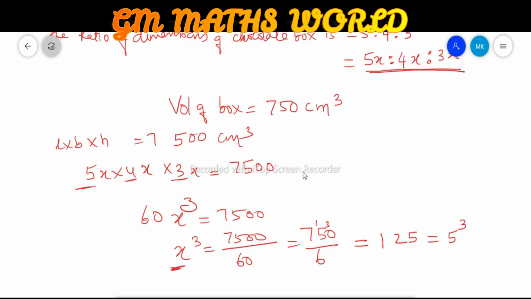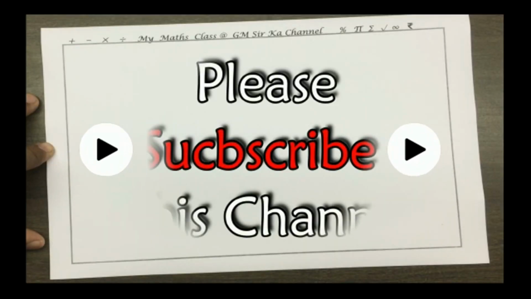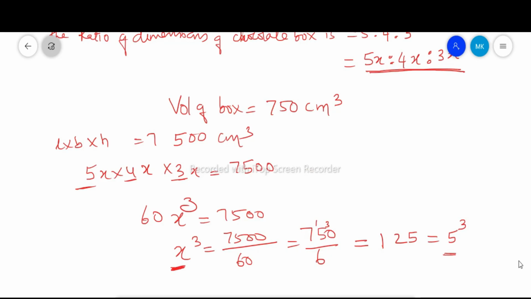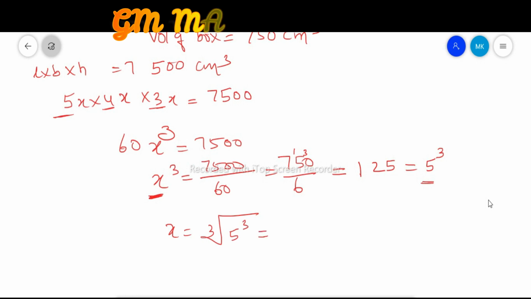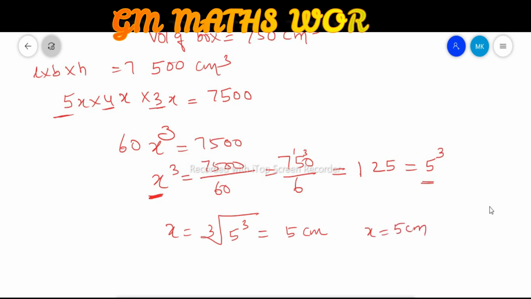Since on the left hand side we have x cube, we can find the cube root of this one, and x is the cube root of 5 cube, which is 5. It is in centimeter, so therefore x equals 5 centimeter.